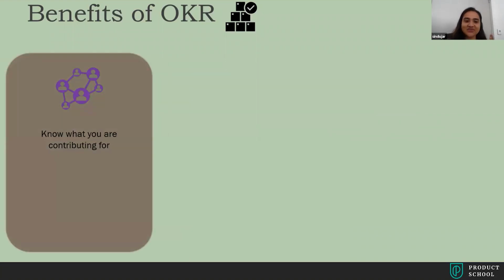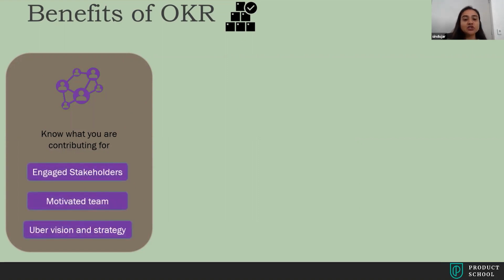What are really the benefits of an OKR? As I firstly said, you know what you are contributing for. What that means is it's not just the individual contributors in the team, or the managers who are enthusiastic about contributing towards the objective, but you also have very engaged stakeholders. For example, you probably are working with marketing, sales, finance. Everybody knows the objectives, everybody knows the target that you're driving towards.